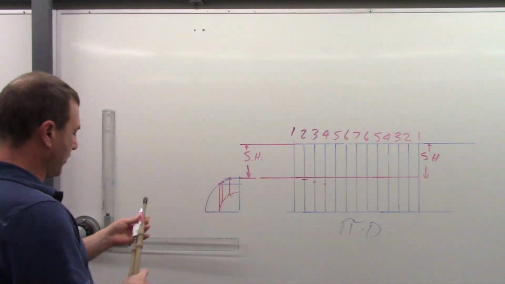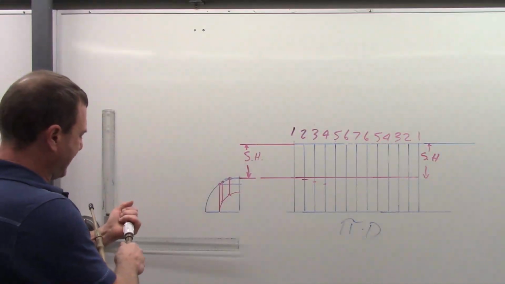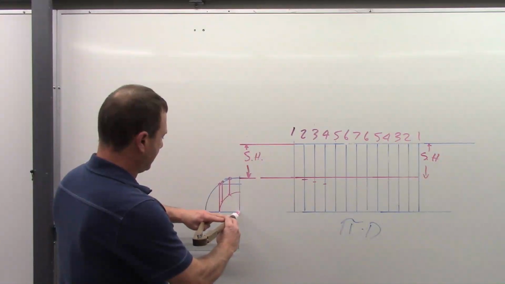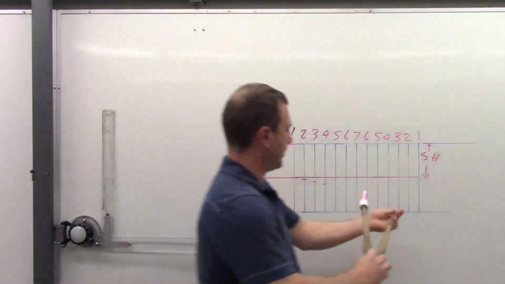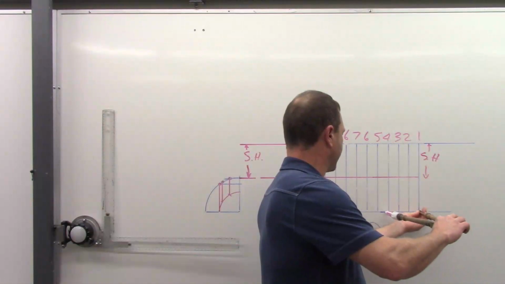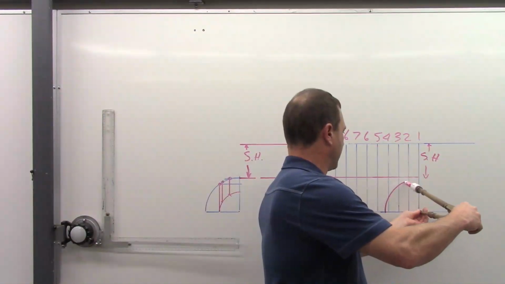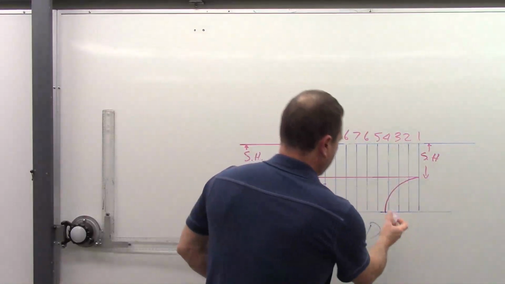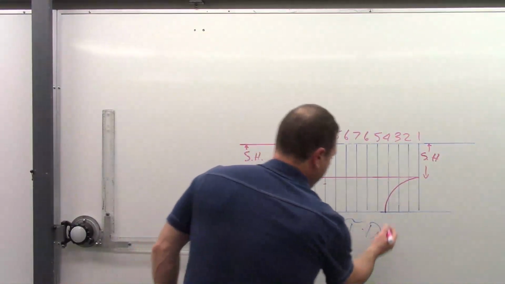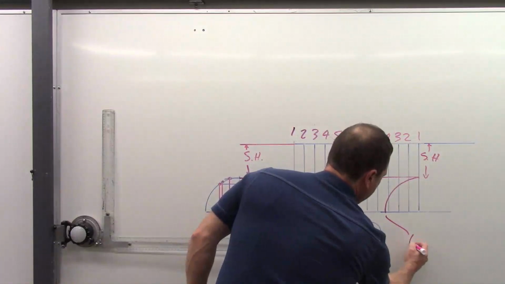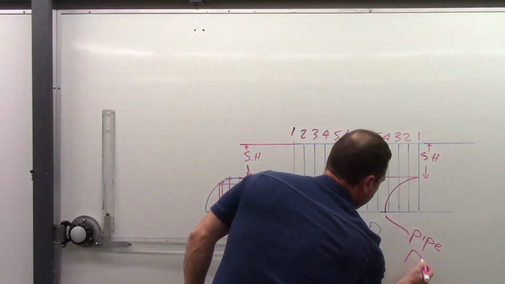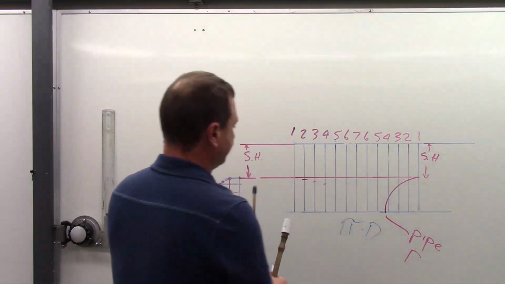And let's do one more thing here. If I take our radius of our pipe, and let's put our radius here, and that should land at our seam height. Pipe radius.